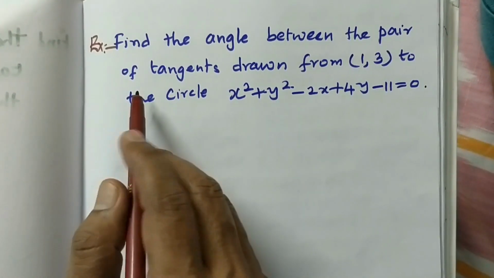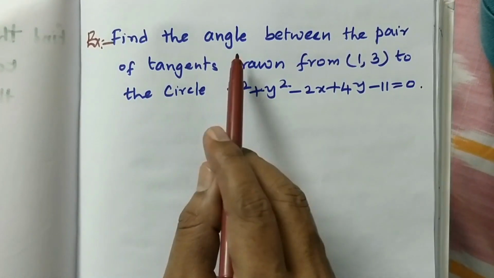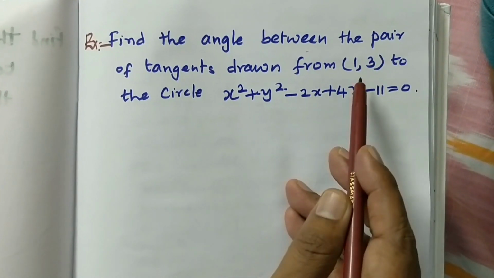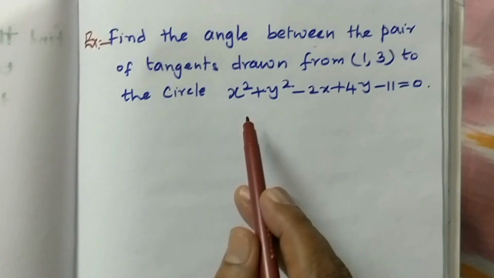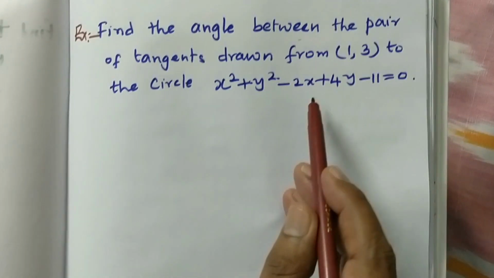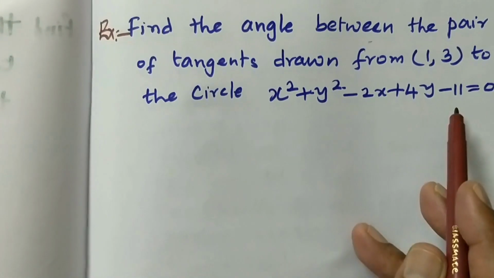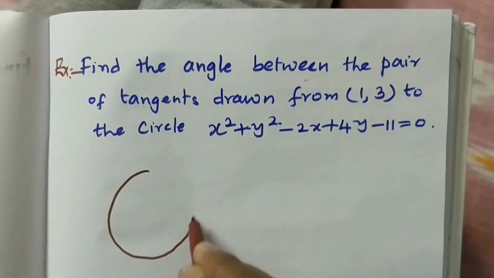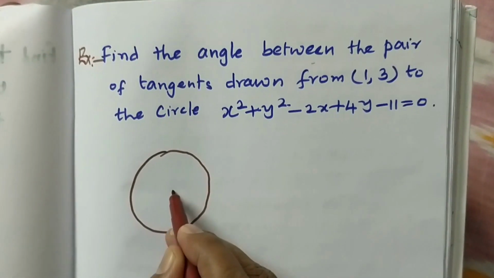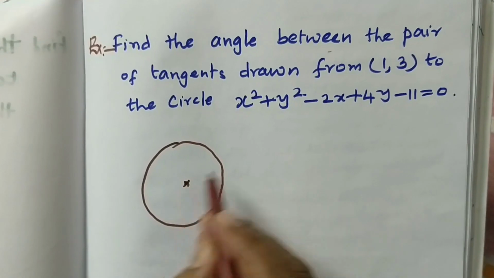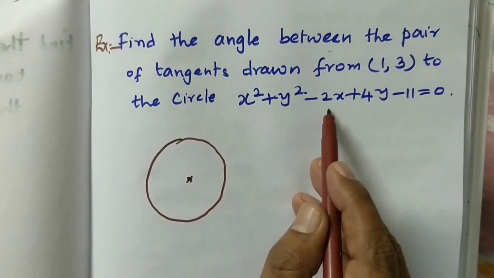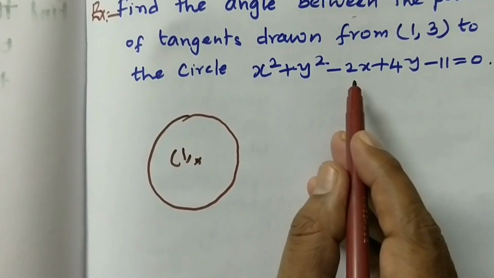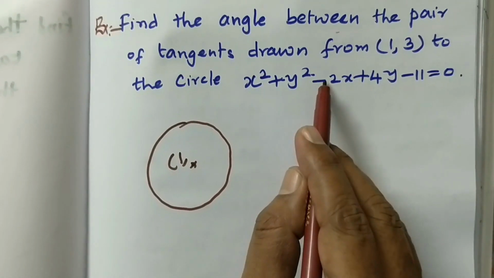Look at this example. Find the angle between the pair of tangents drawn from (1, 3) to the circle x square plus y square minus 2x plus 4y minus 11 is equal to 0. See, this is my circle with the center (minus g, minus f), that is, one half of the coefficient, and the sign should be changed.